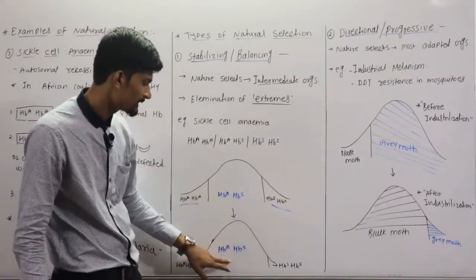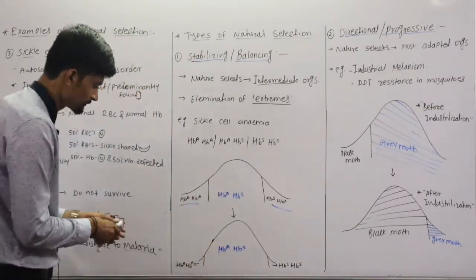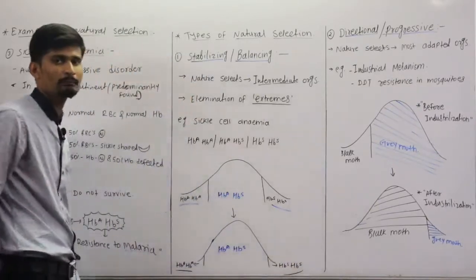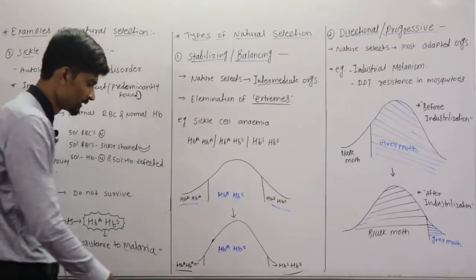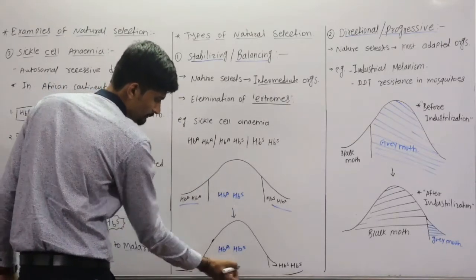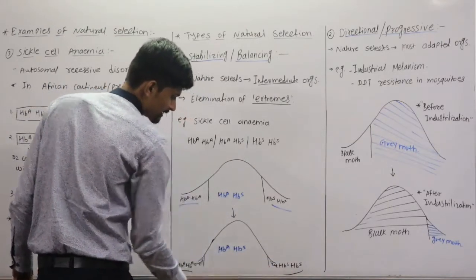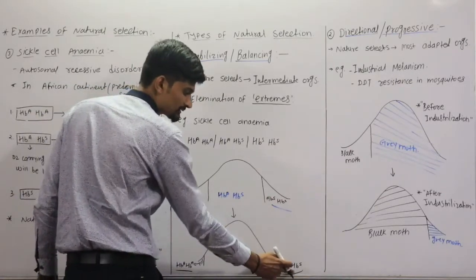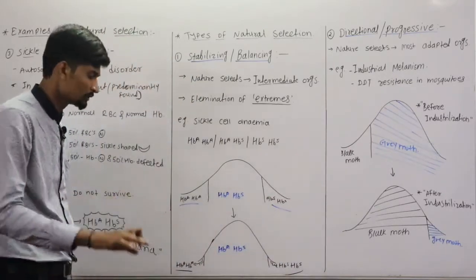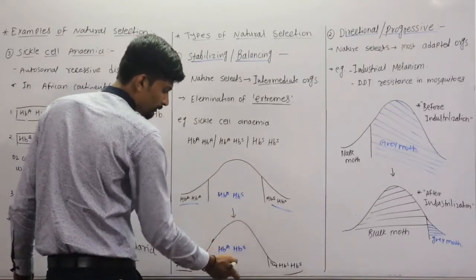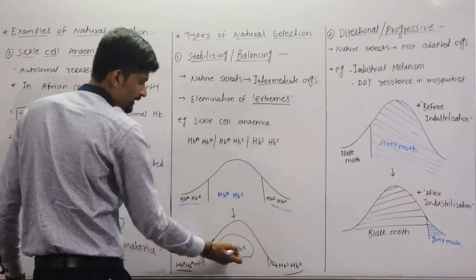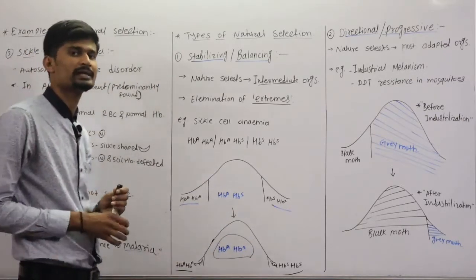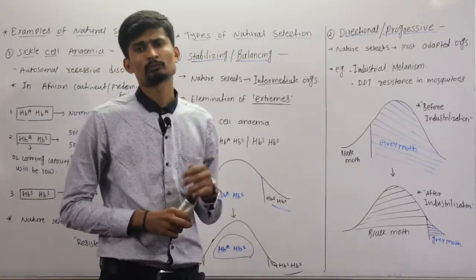So the graph will be like this, because the extreme conditions will be eliminated by nature. So there will be elimination of the HbA HbA genotype and the HbS HbS genotype. So only the predominant one remains, that is HbA HbS, because these are resistant to the malarial disease, to those protozoans.